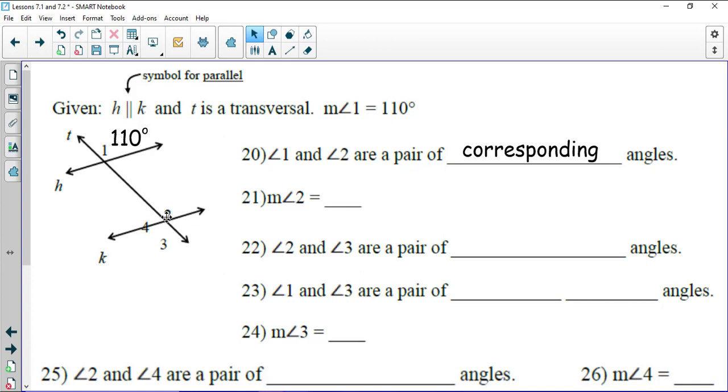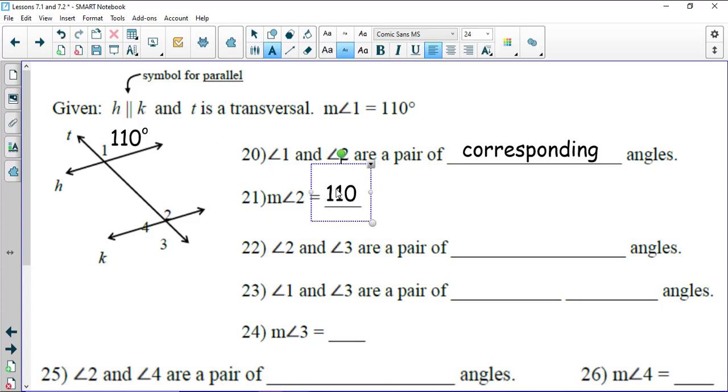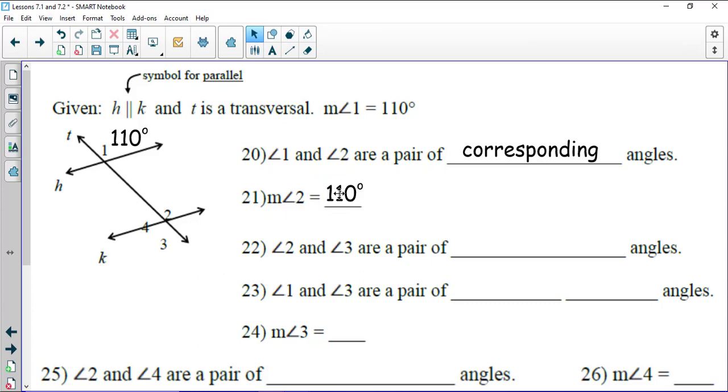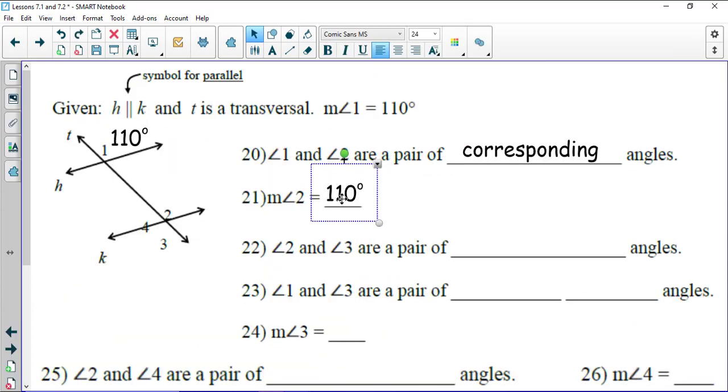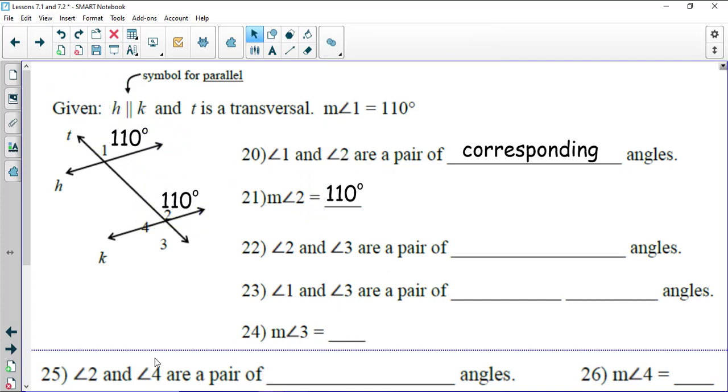Therefore, they are corresponding. And we know that corresponding angles are equal, so that means that the measure of angle 2 is also 110 degrees. So I'm going to go ahead and fill in this blank. The other thing I'm going to do is copy and paste the angle, and we will put angle 2 down here. It's always good to fill in the picture as we go.